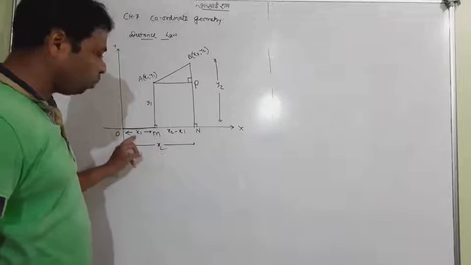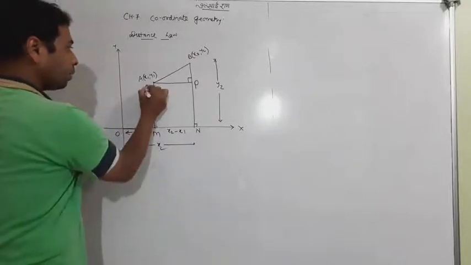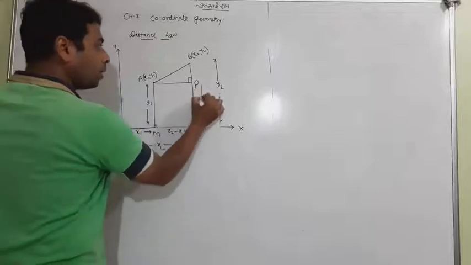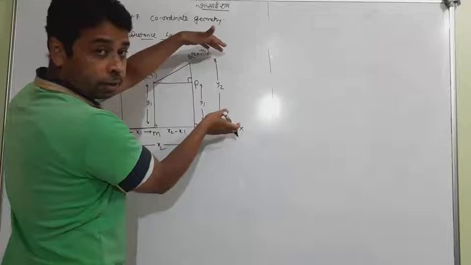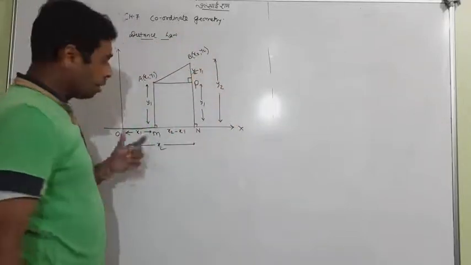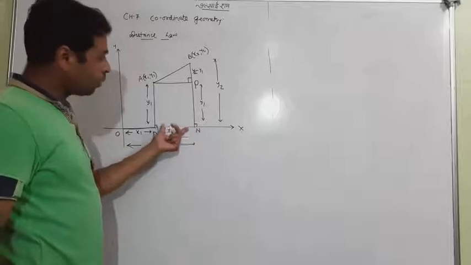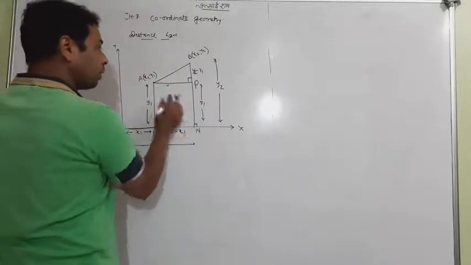Here, this is y1, so this will also be y1, just on the front side. The whole is y2 and this is y1, so the remaining side is y2 minus y1. And this line also has the distance x2 minus x1.